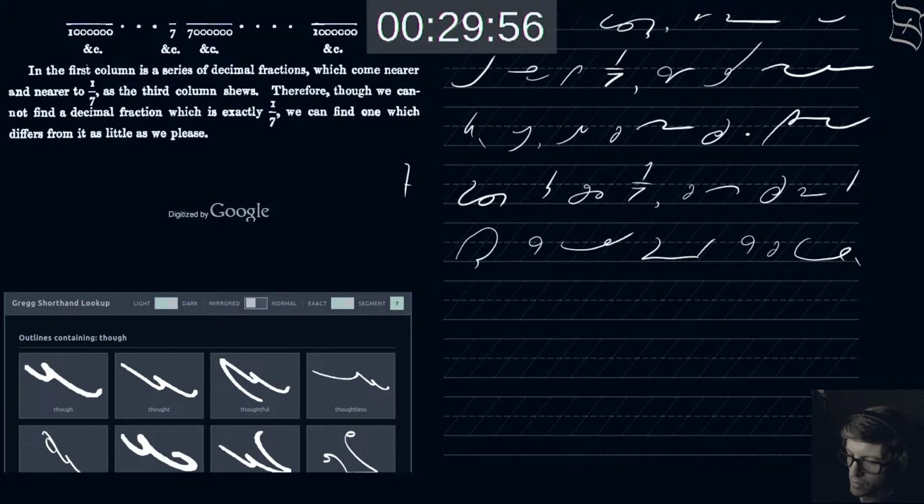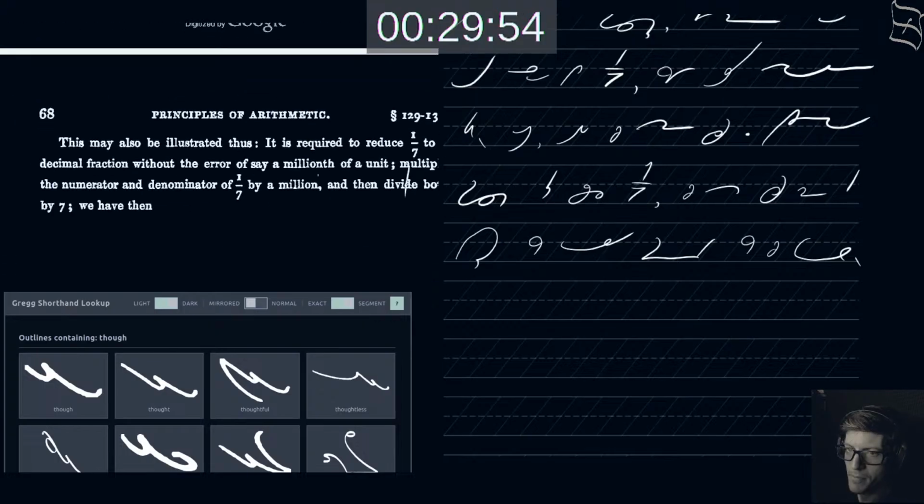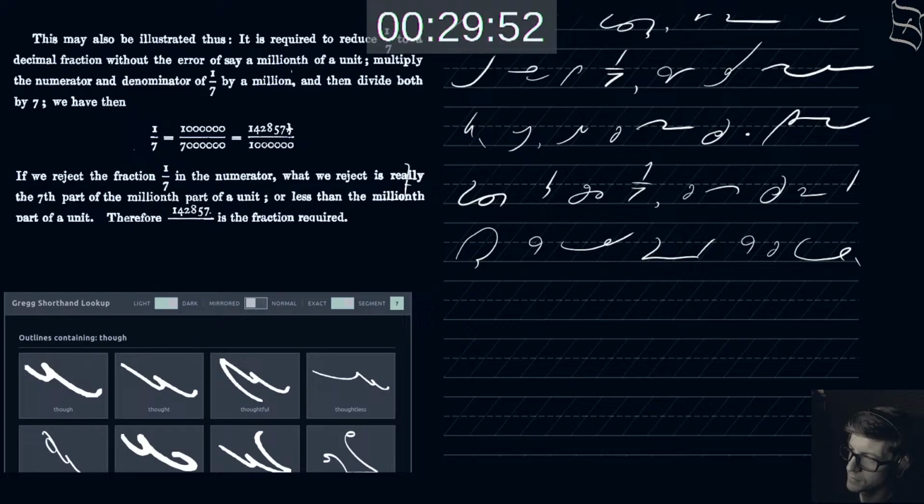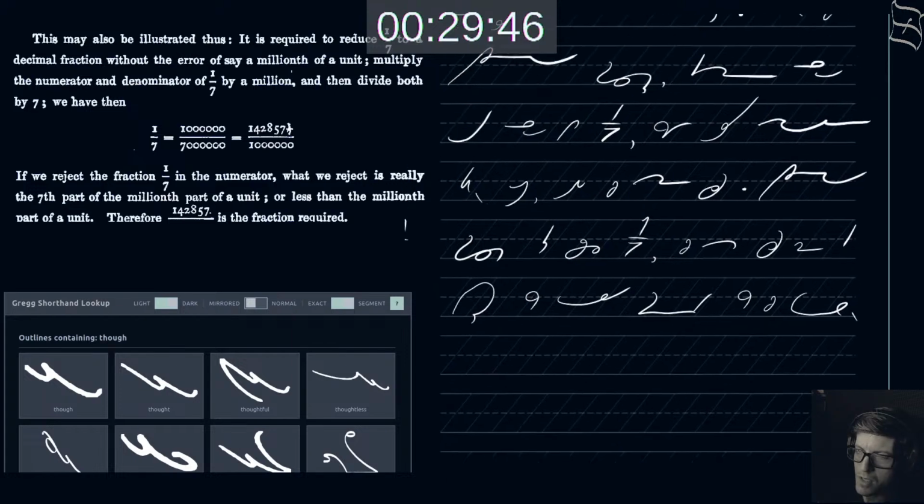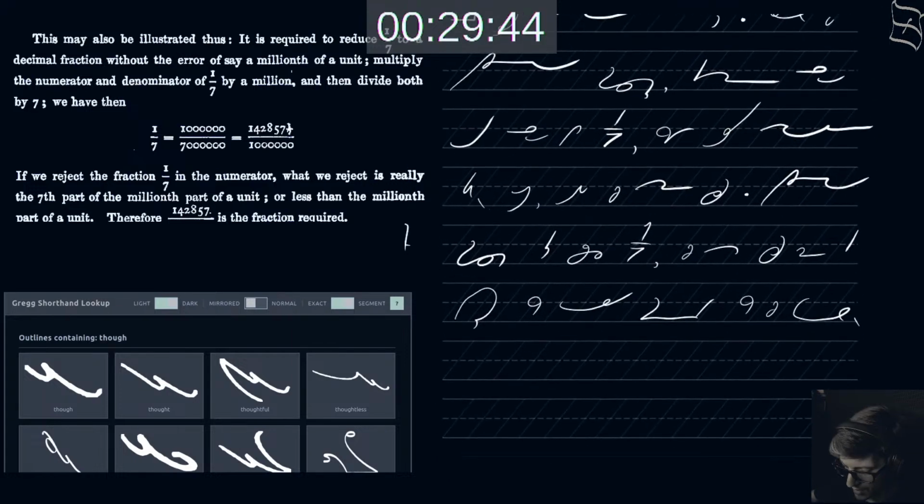And that's also known as approximation. Okay? So this may be illustrated thus. I will be right back.